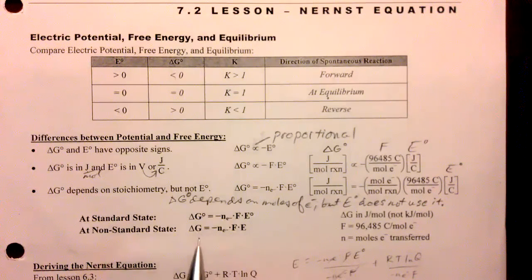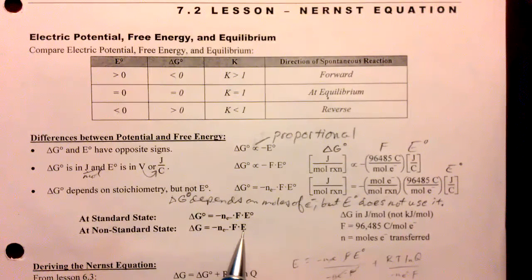Almost no one, right? So whatever conditions you've got, the current voltage that you're currently experiencing, and we'll get into how to find that, converted to moles instead of coulombs of electrons times how many electrons it's giving, will give you the free energy that that cell can give you right now and not at the standard state.